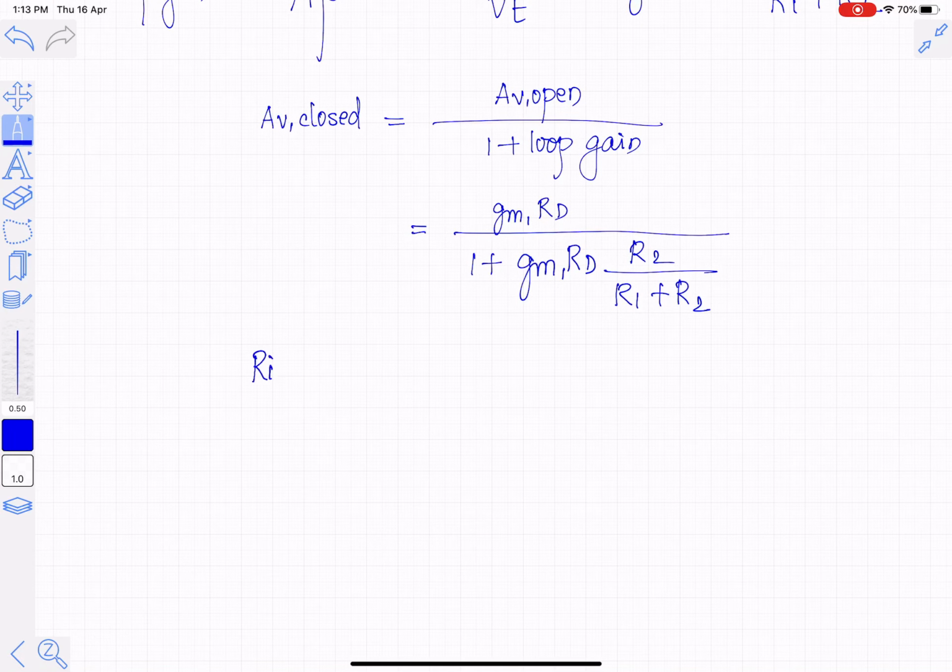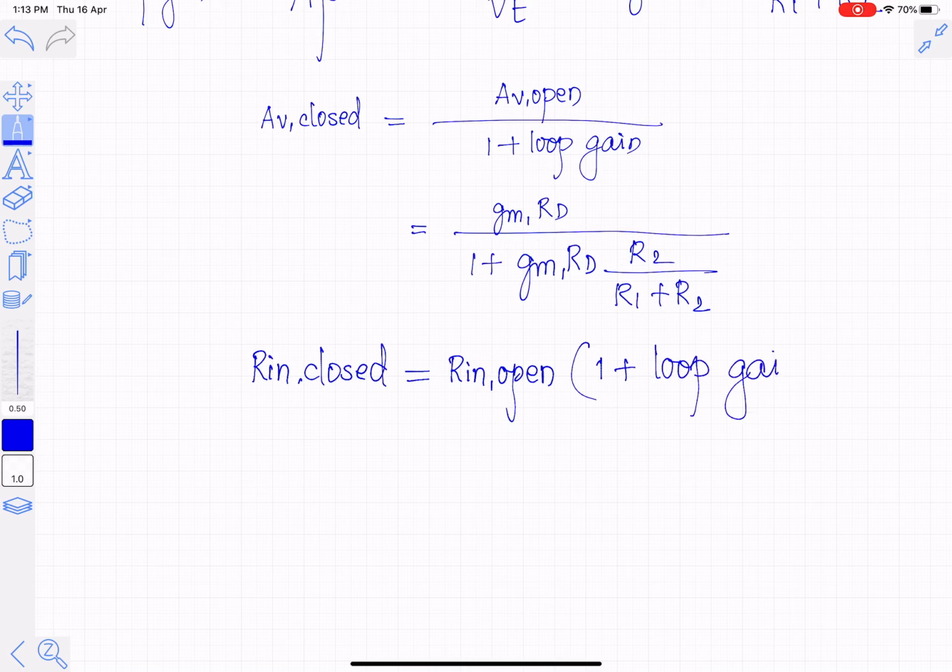R in closed: input impedance always increases when voltage feedback is there. So R in open multiplied by 1 plus loop gain.